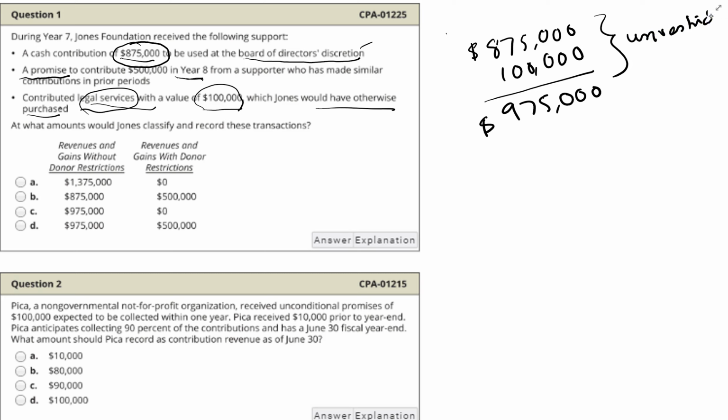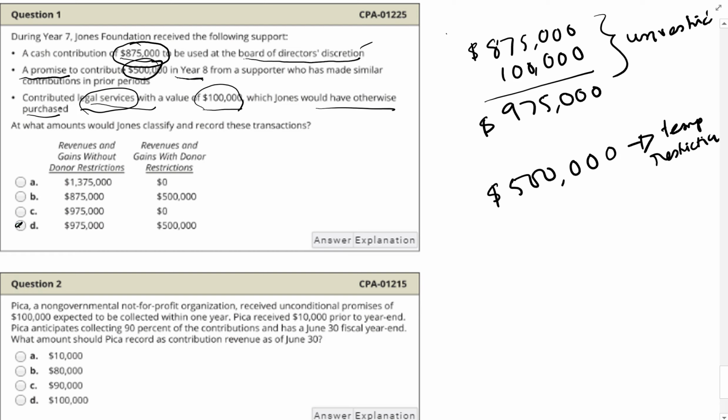Now here we have this promise or pledge, which is $500,000. This $500,000 we will call temporarily restricted, or with donor restrictions, because it is a promise and it is not yet collected. Until it is collected, we will consider it with restrictions. So let's see the answer options. Our answer is D.